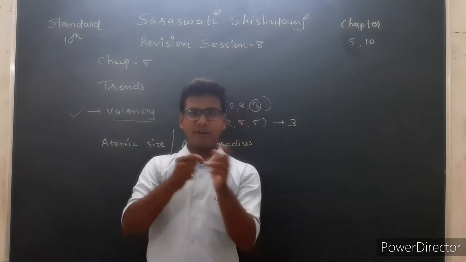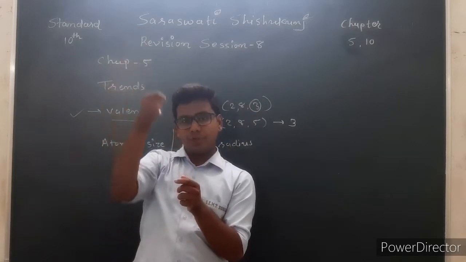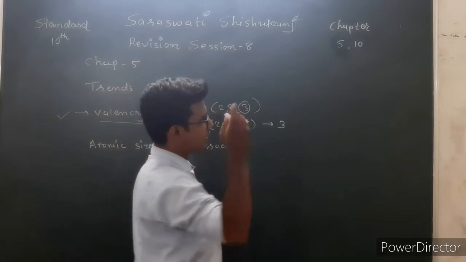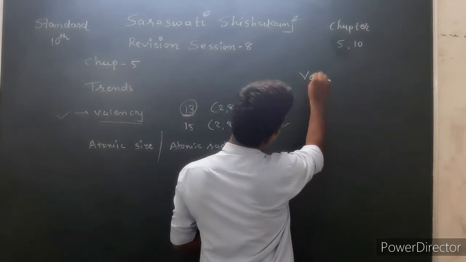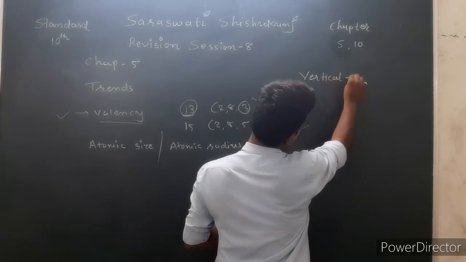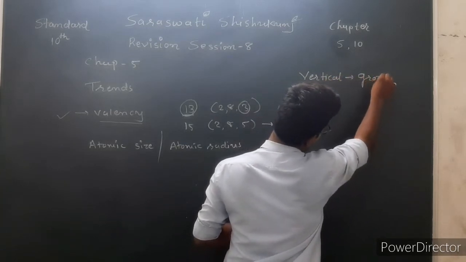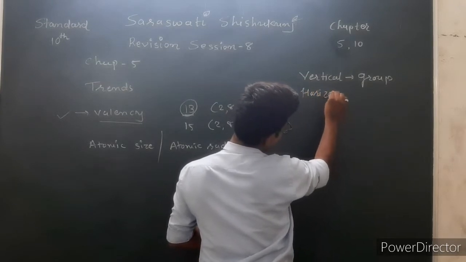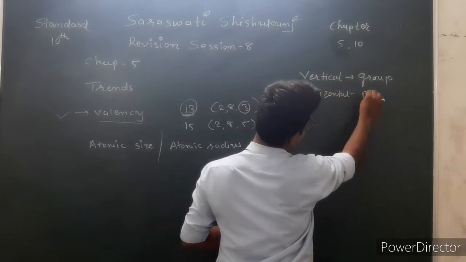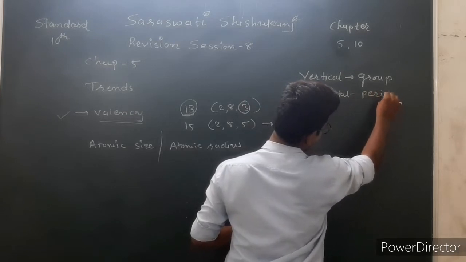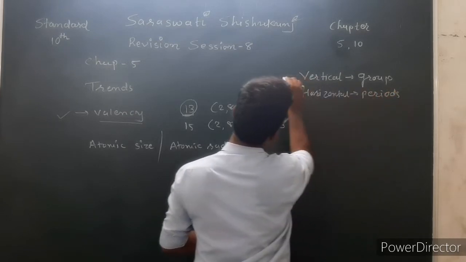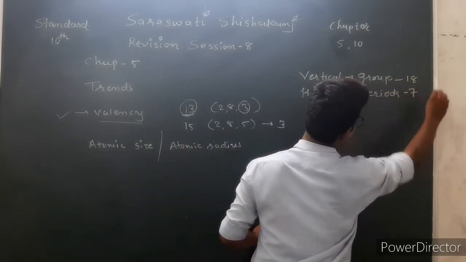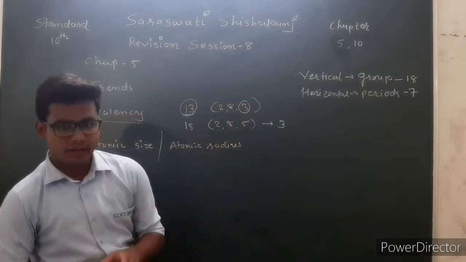We know what is group and what is period. The vertical line is called a group of the periodic table, and the horizontal line is called a period. Total we will have 18 groups and 7 periods in our modern periodic table.